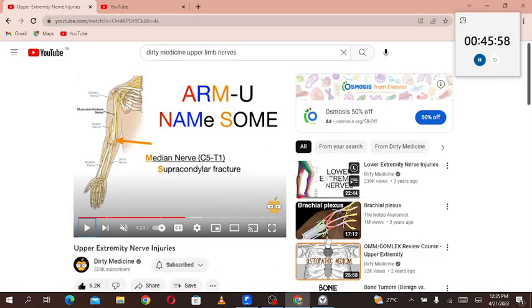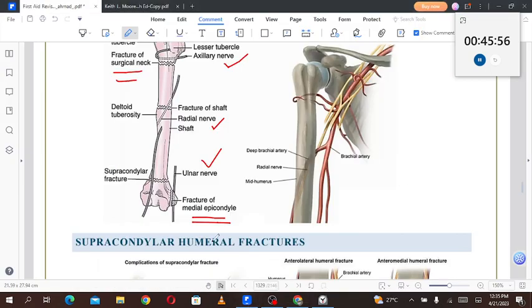When we're talking about the median nerve, I'm sorry. So the median nerve will be damaged if there is damage above the condyle, that is called a supracondylar fracture. Like the condylar region is over here, and if there is damage above that in the supracondylar region, our median nerve becomes at risk, and the median nerve can be damaged in this particular location.